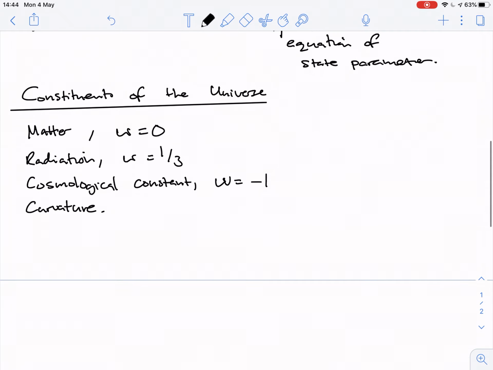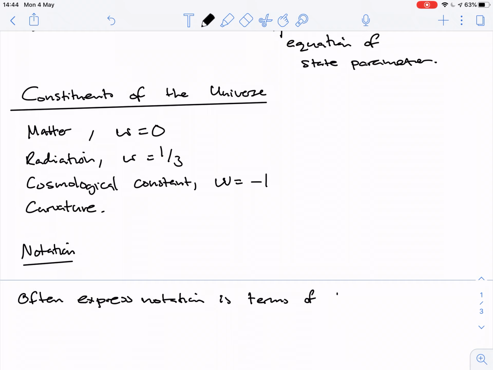And another note on notation, before we go on and actually understand how these things behave. Since the universe contains multiple things, we often express this in terms of the critical density. And remember, the critical density is K equals 0.